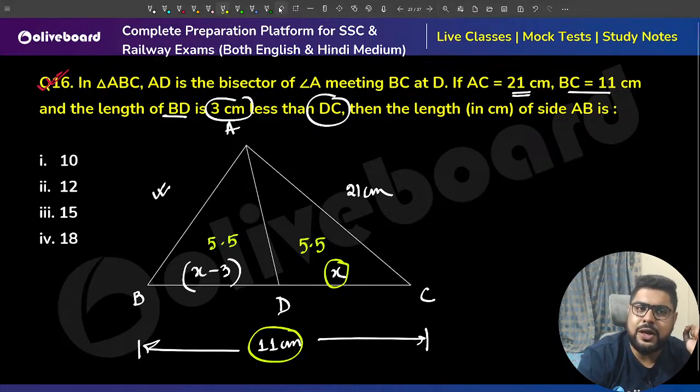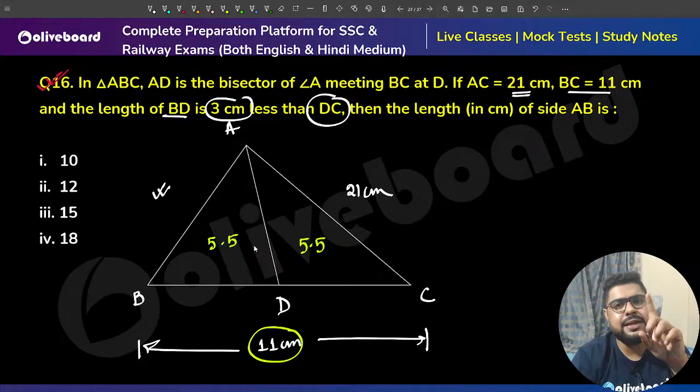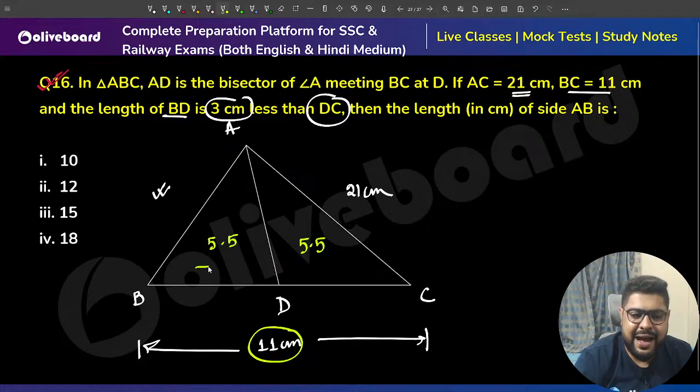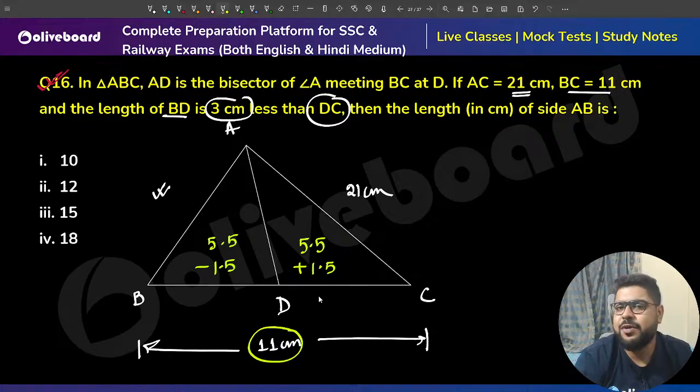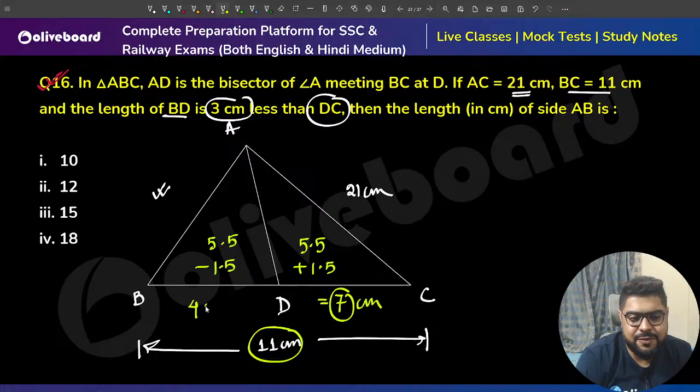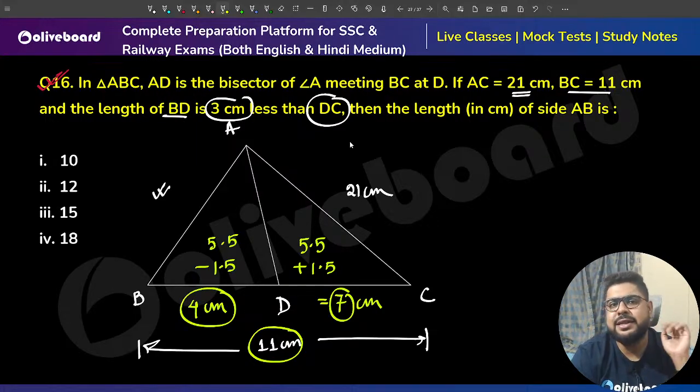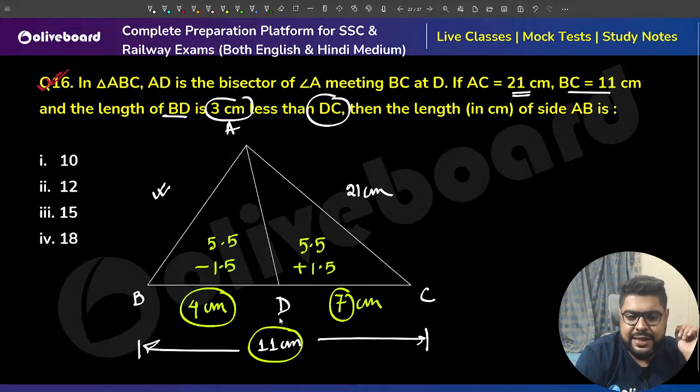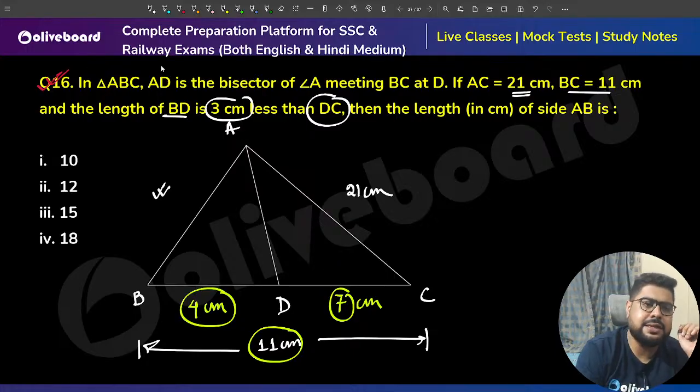But they are not equal; there is a difference of 3, and this side is 3 less. So take half of 3, that is 1.5, and subtract it on one side and add it on the other. So this is 5.5 plus 1.5, which is 7 centimeters, and this is 5.5 minus 1.5, which is 4 centimeters. You see, automatically this is 4 and 7.